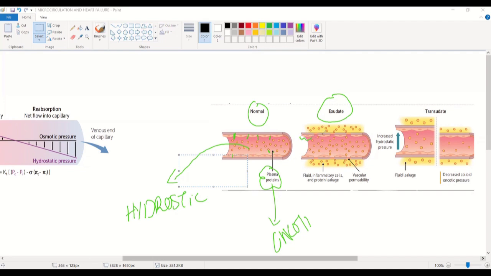Here the capillary permeability is increased. It means the space between the endothelial cells will increase, so these proteins will leak out, right?